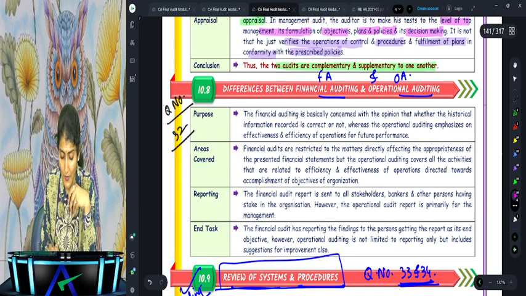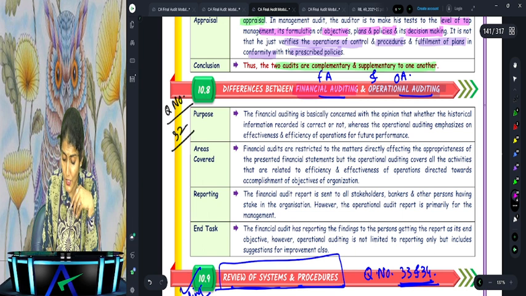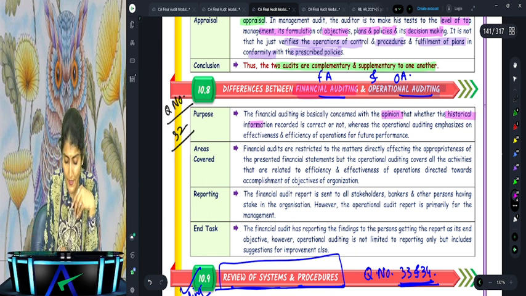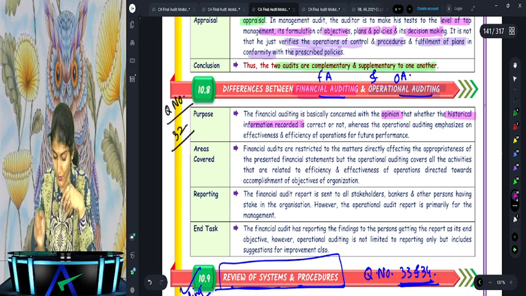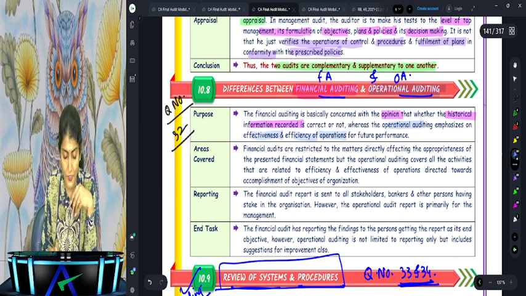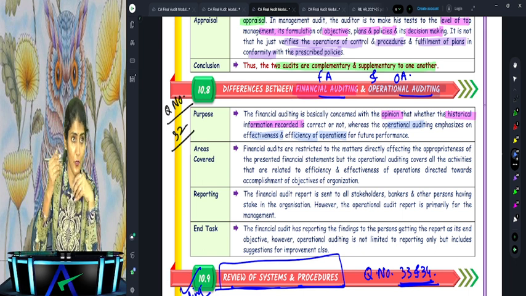So again, what we have over here is the financial audit and the operational audit. Financial audit is concerned with the opinion on whether the historical financial information is correct or not, whereas operational audit is concerned with the efficiency and effectiveness of the operations. Are you able to understand this?